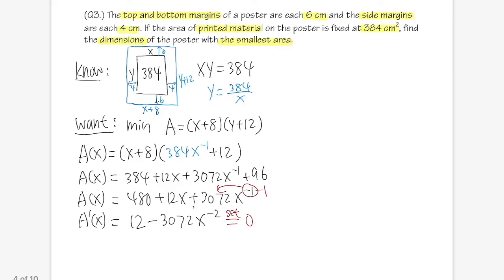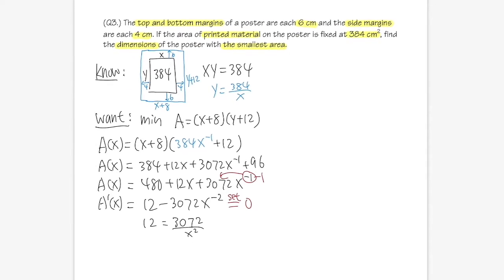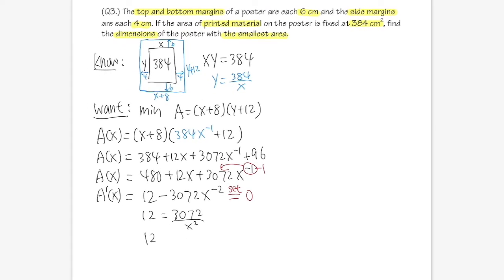I will put this to the other side and say 12 is equal to 3072 over x squared, and then multiply x squared on both sides. So 12x squared equals 3072.